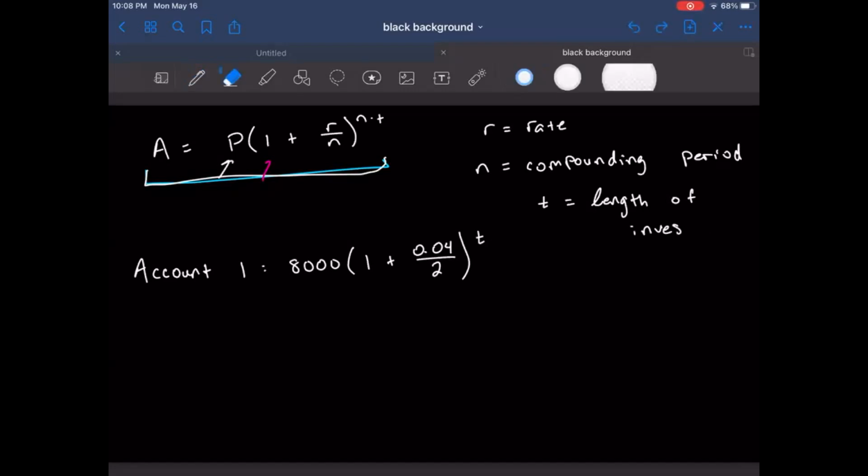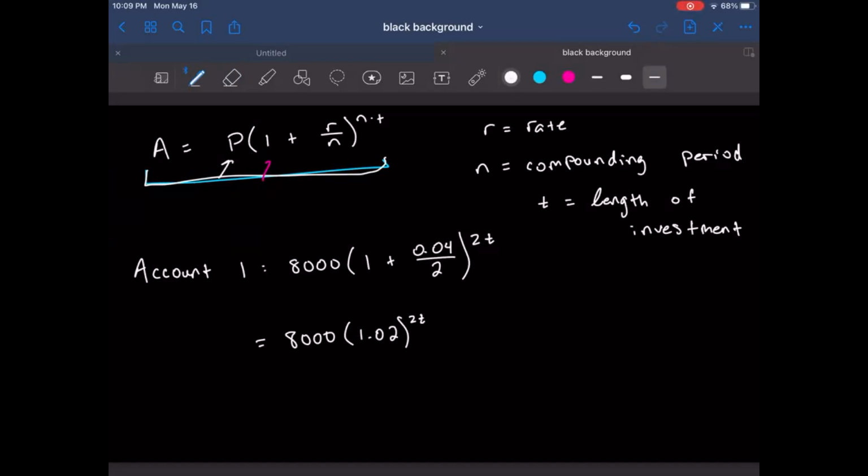That's why this is the first part here, because the first part is graph. Well, you better have an equation or function if you want to graph something, right? Yes. So this is account 1, let's simplify it. So it's 8,000 times 1.02 to the 2t. That's what you graph.